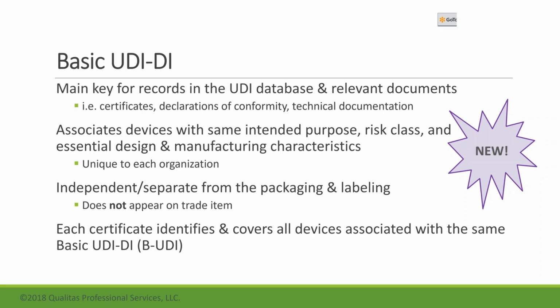So the basic UDI-DI is going to be used on your certificates, your declarations of conformity. You'll refer to it in your technical documentation. What it does is associate all the devices that have the same intended purpose, risk class, and so on, together. And this basic UDI-DI is going to be unique to each organization.